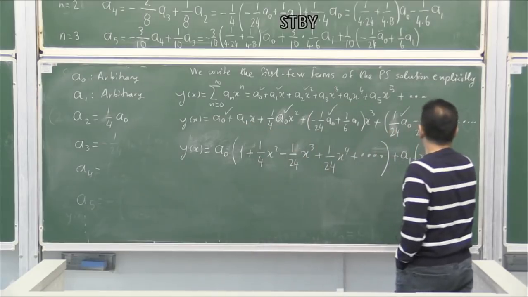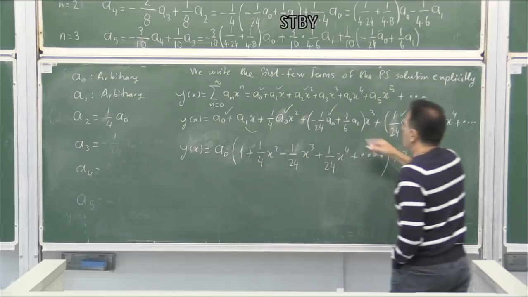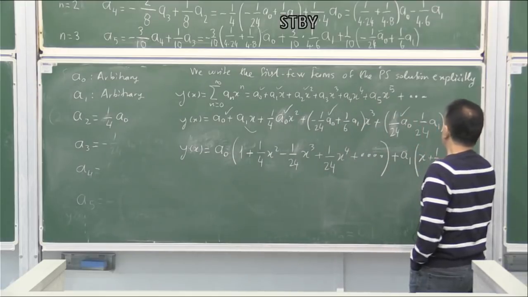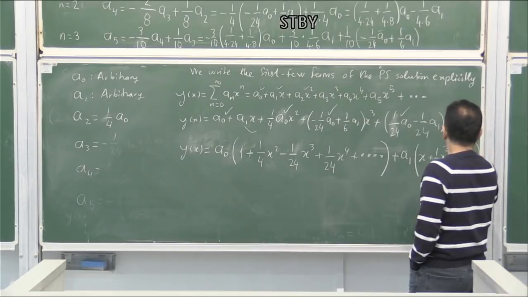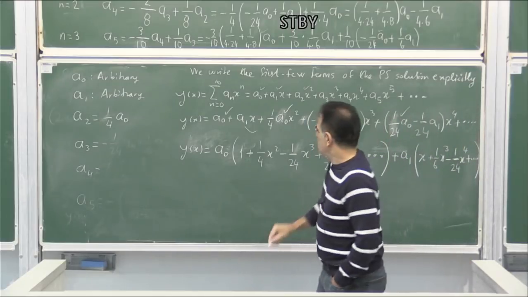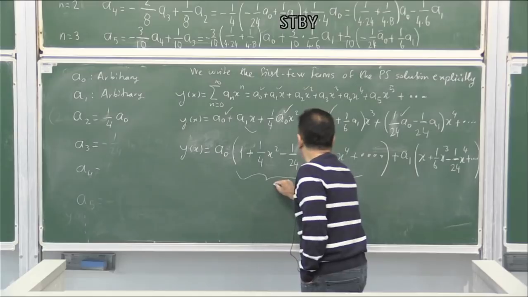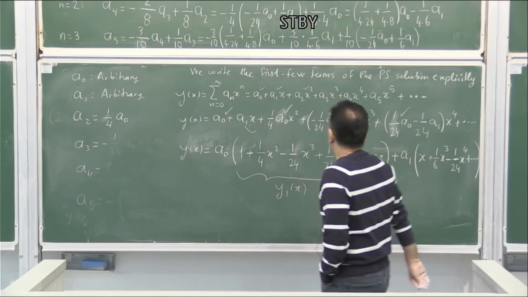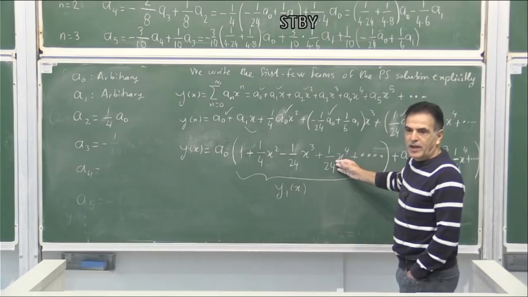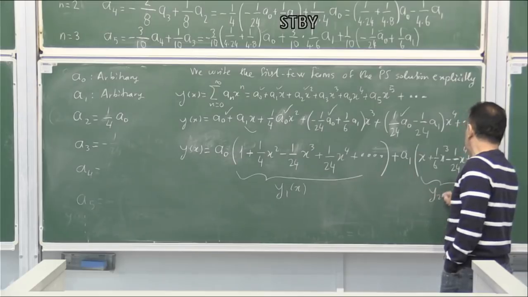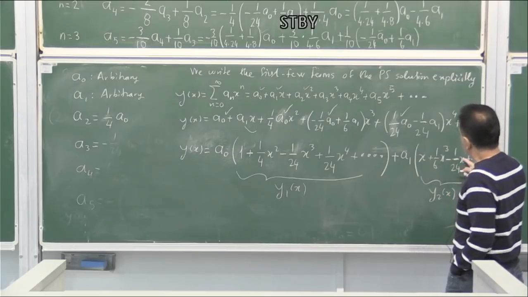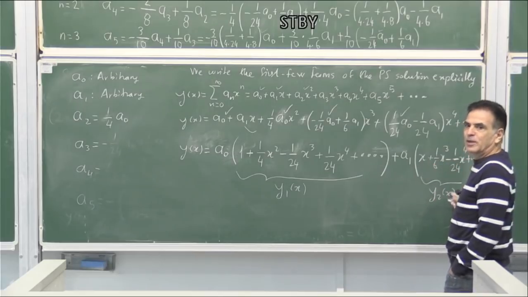They are x, this one, and plus 1/6 x cubed, and minus 1/24 x4, plus dot. So this is the series expansion of the first solution. We write explicitly only the 4 terms, and this is the series expansion of the second solution. The first 3 terms are written explicitly.